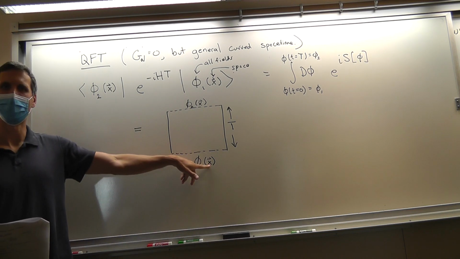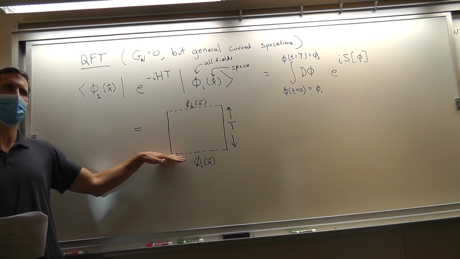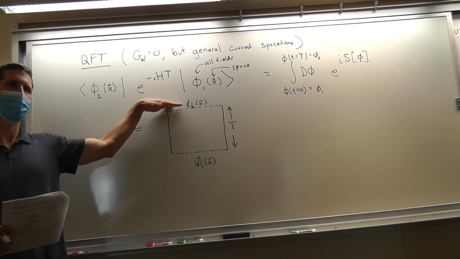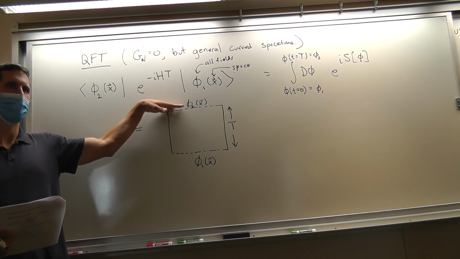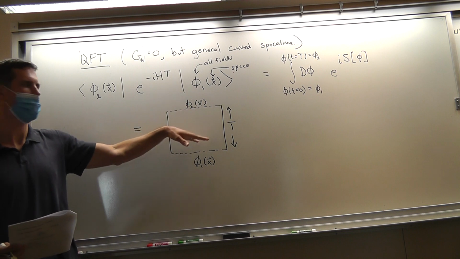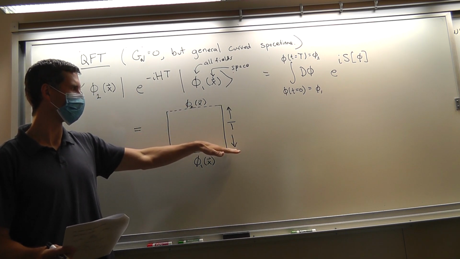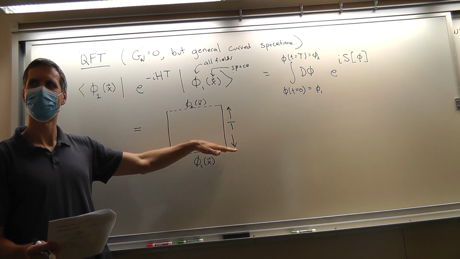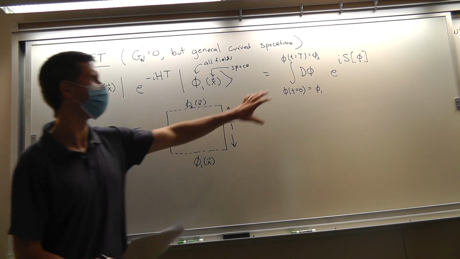Remember, x is just space, so we impose the boundary condition that sets the quantum fields to phi 1 at this boundary. The boundary at the top of this piece of space-time is boundary condition phi 2. And this is a segment of Minkowski space with Lorentzian time big T. Okay, does that make sense? This picture means this integral.